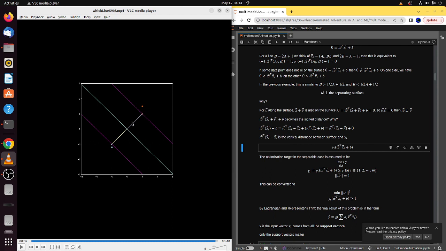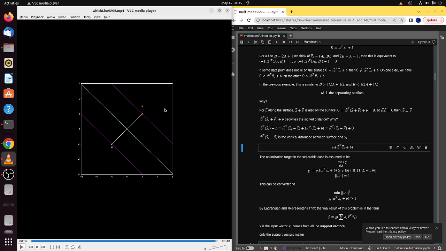If it's positive, then all the dots on this side have yi greater than 0 and also a signed distance greater than 0.